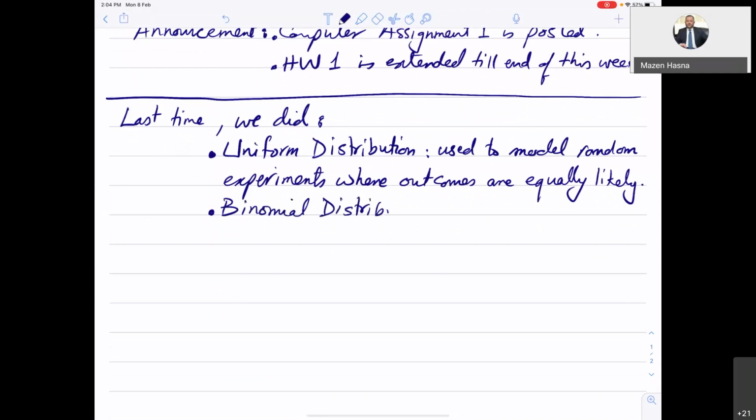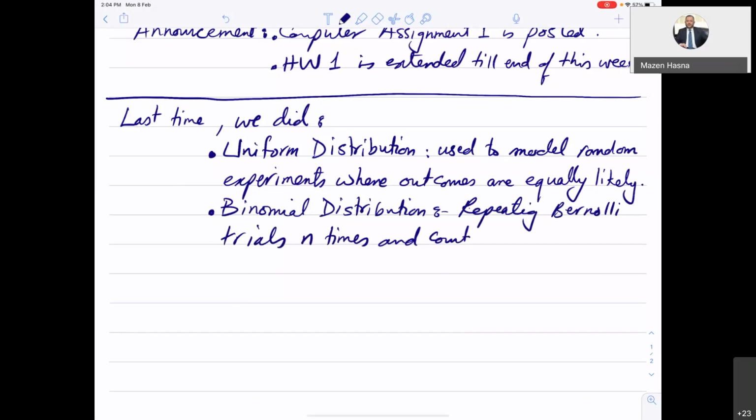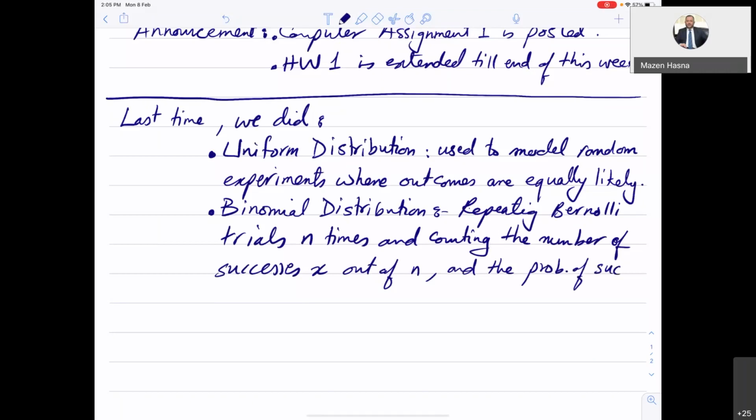The second distribution that we talked about last time is the binomial distribution. The binomial distribution is simply repeating Bernoulli trials n times and counting the number of successes x out of n, and the probability of success in each trial is p.